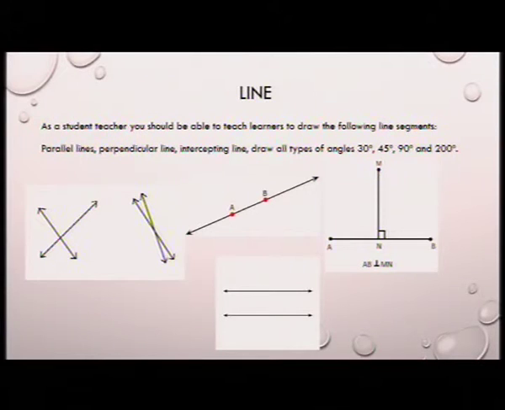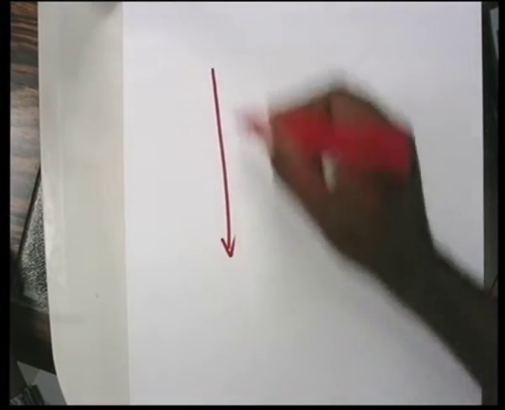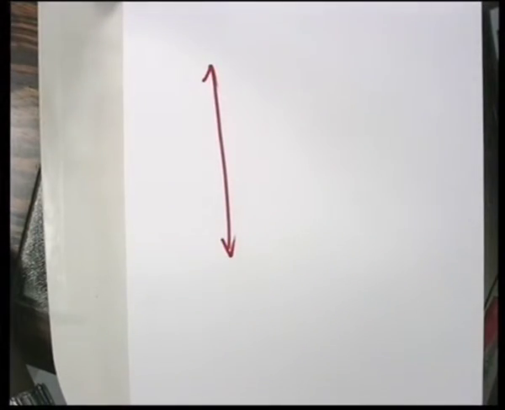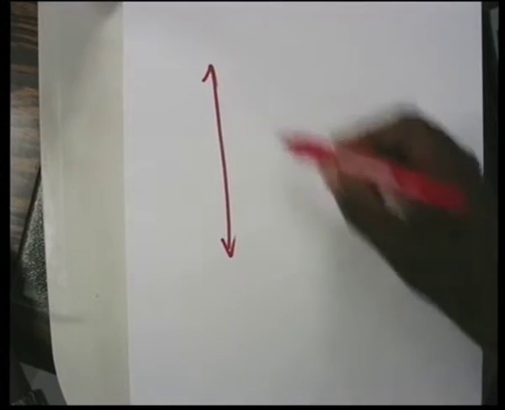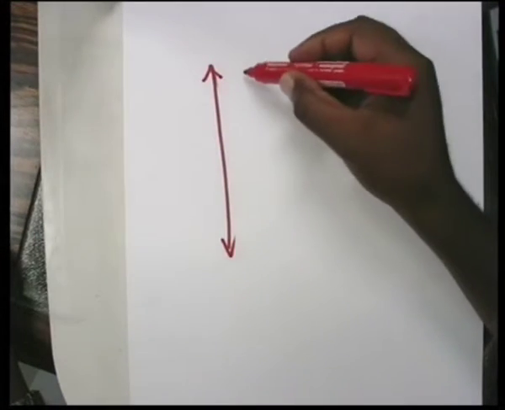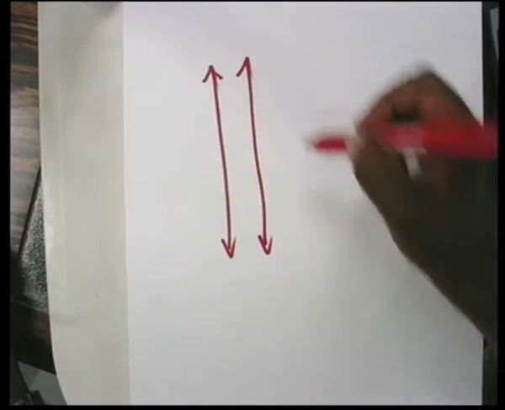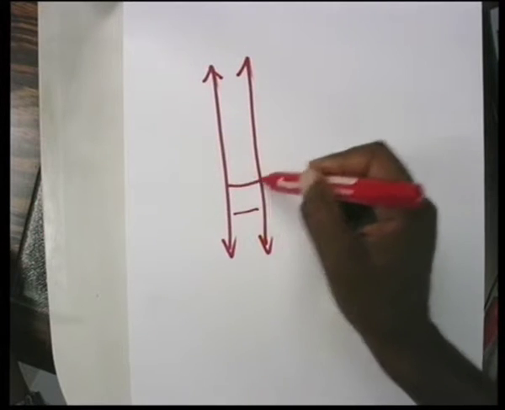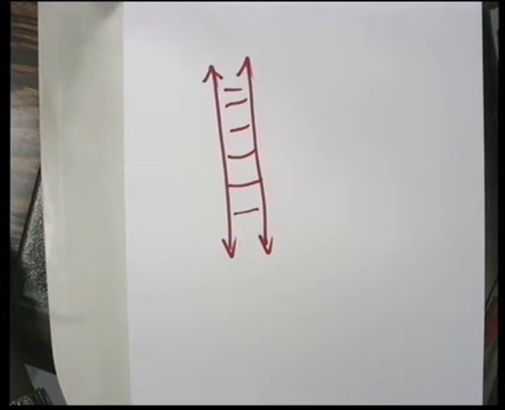For example, you ask your learner to draw parallel lines. If you have a line like that, that is my line, and you ask your learner to draw a parallel line to this one. When you draw a parallel line, it means that the other line must be here, and it must be the same distance. The distance between these two lines should be the same all the way.